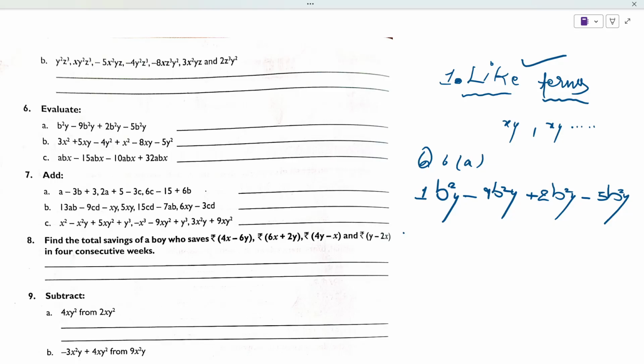Now we need to bring our focus to the coefficients. The first term has coefficient positive 1, the second has negative 9, the third has positive 2, and the fourth has negative 5. From here, your concept of integers will help you.